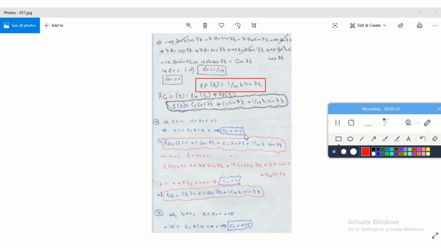Okay, the important thing, or the mistake that students often make, is that they find the C1 and C2 for the homogeneous solution before finding the particular solution. This is actually wrong. We need to finish the X general solution first.